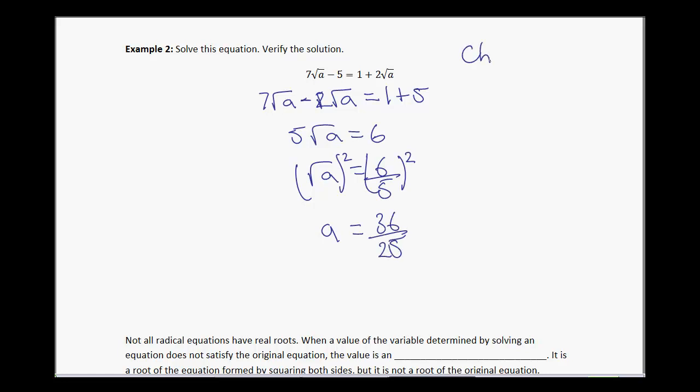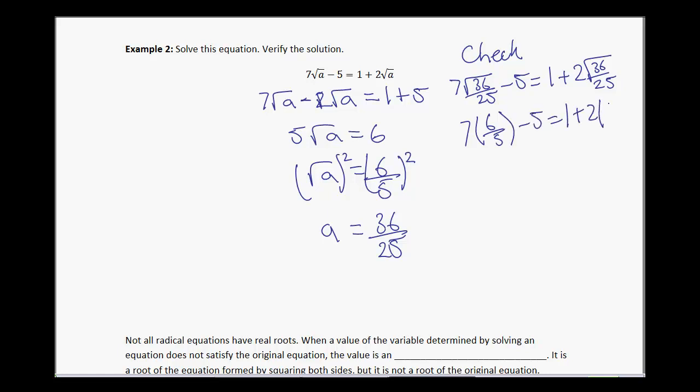But it's important to check, so let's see if we did our work correctly. Plugging in for a, we have 7 root 36 over 25 minus 5 equals 1 plus 2 root 36 over 25. We have 7 times 6 over 5 minus 5 equals 1 plus 2 times 6 over 5.